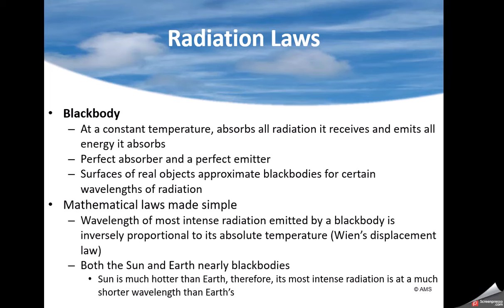So think about the difference in temperature. Earth, what's its temperature? About average, maybe 60-some degrees. If you look at the poles and all, upper 50s. What's the sun's temperature? Way, way, way larger than that. And we just learned that wavelength is inversely proportional to absolute temperature. Well, guess what? We're saying then that the sun's wavelengths are way shorter than the Earth's.